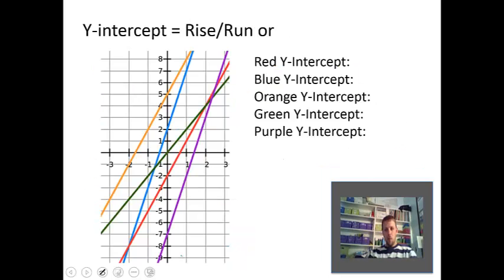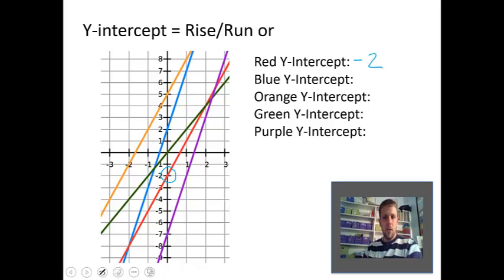Alright, in front of you have a whole bunch of lines, and I want you to notice where do they cross over the y-intercept. So I want you to imagine the y-axis, which goes up and down. I want you to figure out where those lines cross the y-axis, which is called the y-intercept. So where does the red cross the y-intercept? Well, it crosses it at -2.